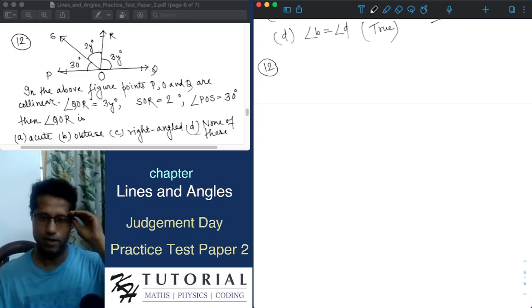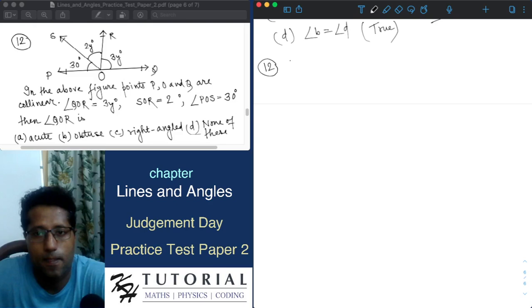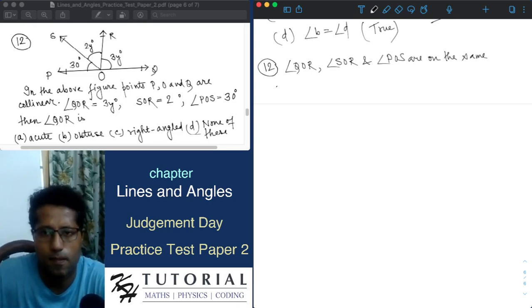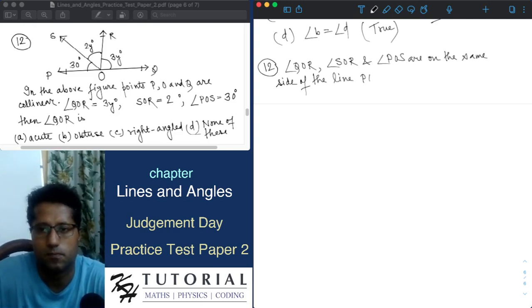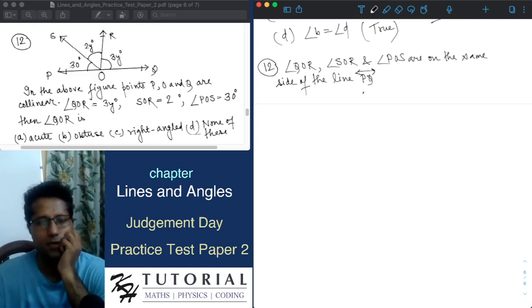So we can clearly see that all the angles, angle QOR, angle SOR, and angle POS are on the same side of the line PQ.